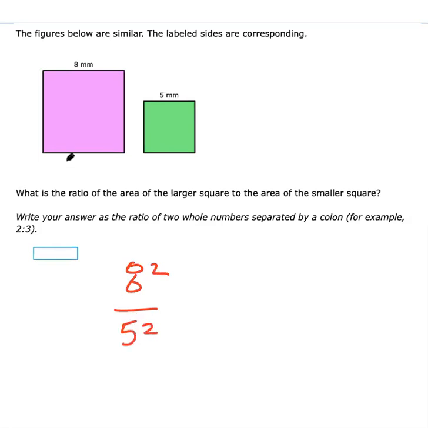over 5 squared. I got my 8 squared from the first image, and 5 squared from the second image. That's going to be 64 over 25. And so our ratio should be 64 over 25.